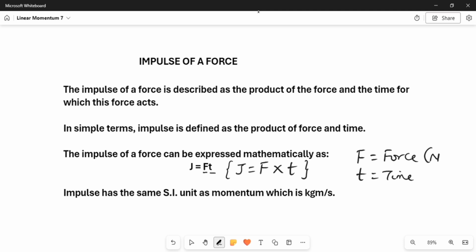SI unit for force is Newton, SI unit for time is seconds. But we know that 1 Newton is equivalent to 1 kilogram meter per second square. So if you combine these two, the impulse is seen to have the same SI unit as that of momentum, which is kilogram meter per second.